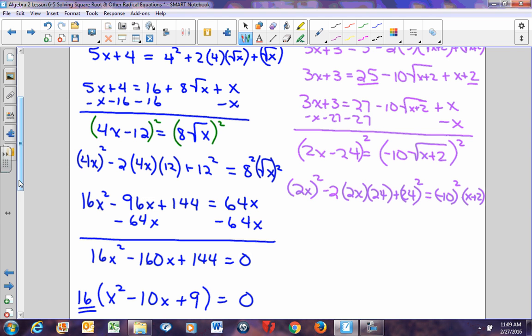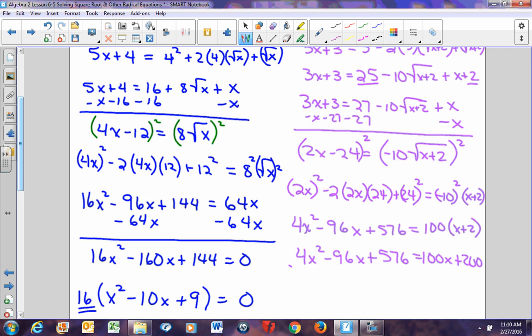So this gives us 4x squared, 24 times 4 is 96, so 4x squared minus 96x plus 24 squared is 576. And that's going to equal negative 10 squared, which is 100, times x plus 2. So don't forget to distribute that. You're going to get 4x squared minus 96x plus 576 equals 100x plus 200.